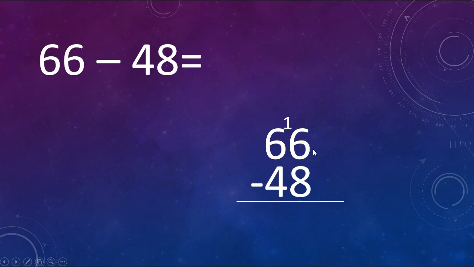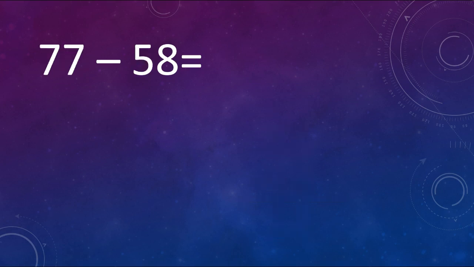Good. So our first 6 is going to turn into a 5. What is 16 minus 8? 8. And what is 5 minus 4? 1. Our answer is 18. Go ahead and set this one up vertically and do it on your own, and we'll compare answers.